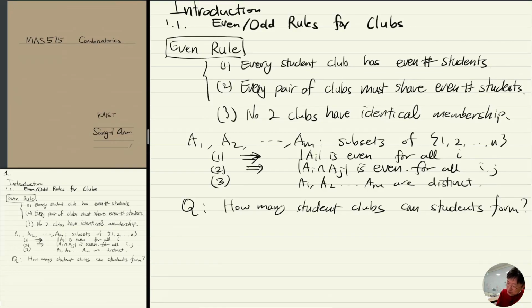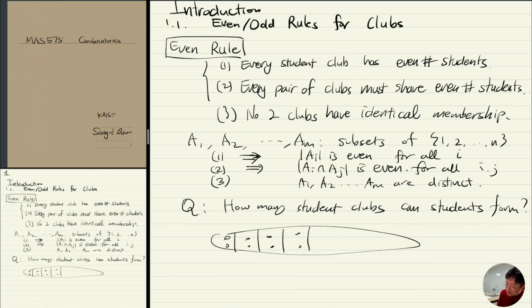It turns out, you can think about it, here's one solution. Partition the students into sets of size 2, maybe the last one only has 1. Then each student club either contains both of them or none of them.